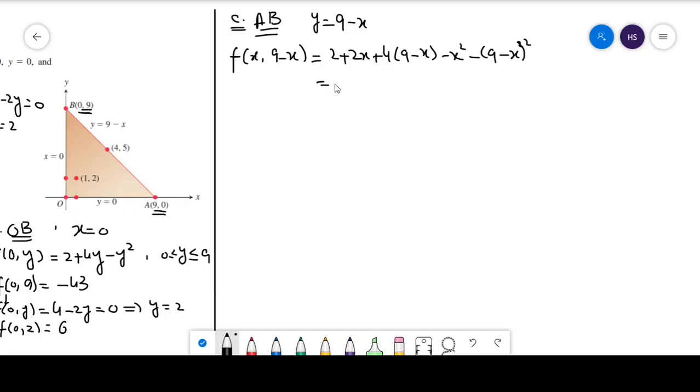This will give us minus 43 plus 16x minus 2x squared. So this is again a single variable function, and the boundary is again from 0 to 9, so we don't have to check because we have already checked f(0, 9), (9, 0) and (0, 0). All we need to check is the interior of it.